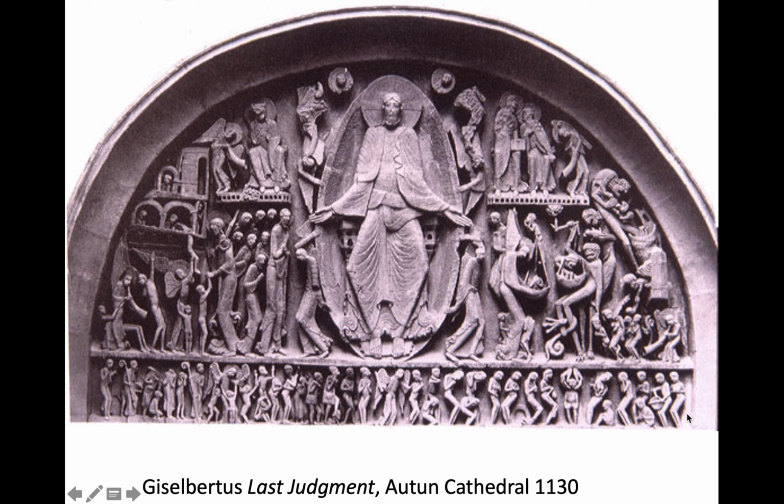So we don't have any sort of individuality happening here. We're far more interested in telling the story of the Last Judgment than we are with thinking about the individual human experience of it. We've got that vertical symmetry where you could slice a vertical line down the middle, fold it in half, and it's pretty much even, if not identical.